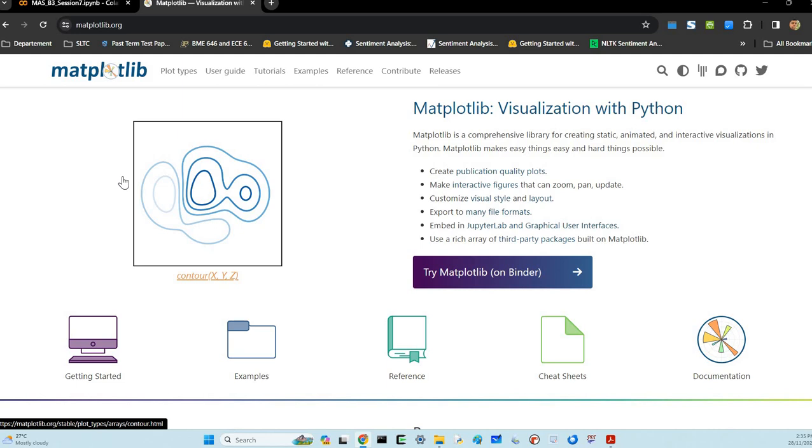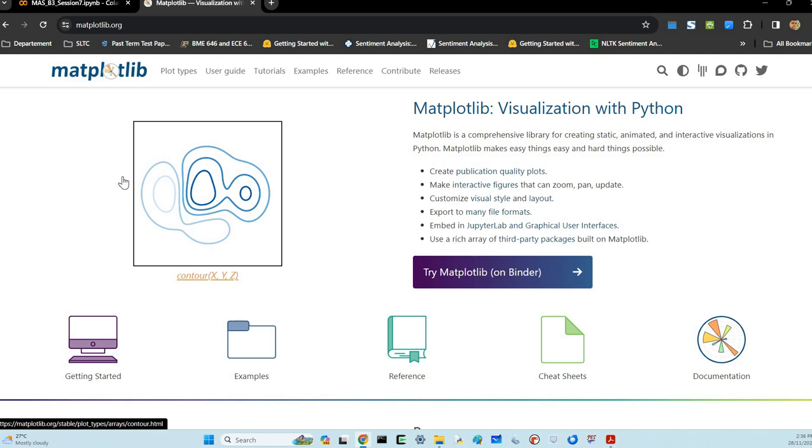Actually, this particular library was built for MATLAB. Have you heard of MATLAB?